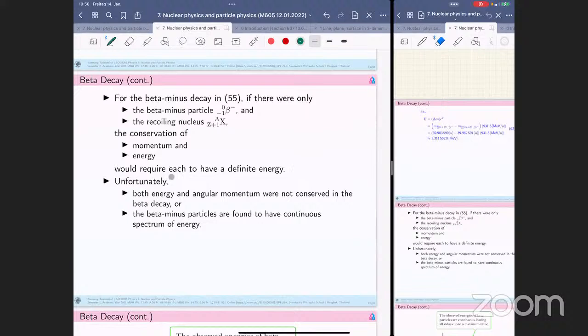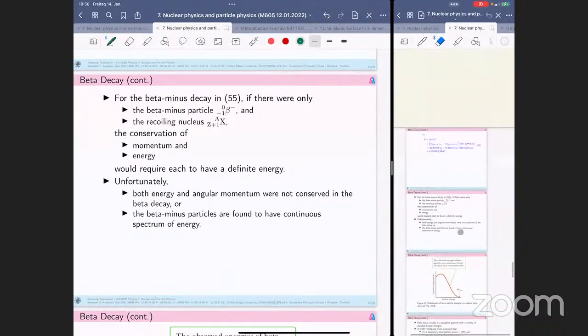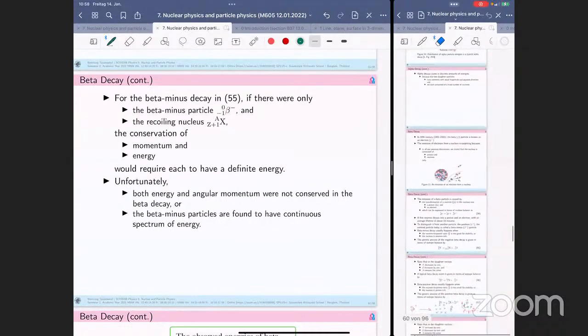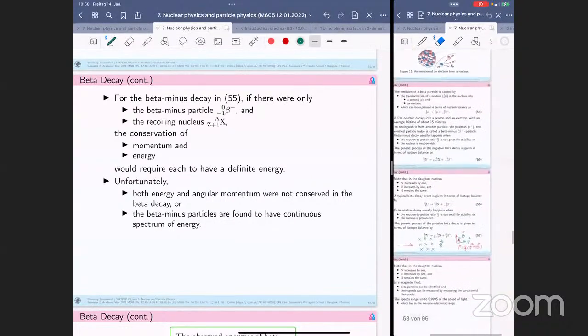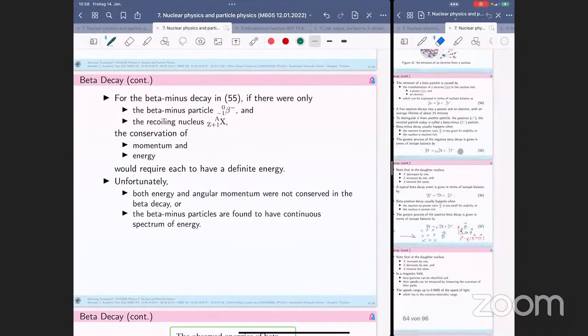Once we think about classical physics, the momentum and energy should be conserved, right? From this beta process, whether from 55 or 57, the momentum and energy should be conserved, but it's not the case.